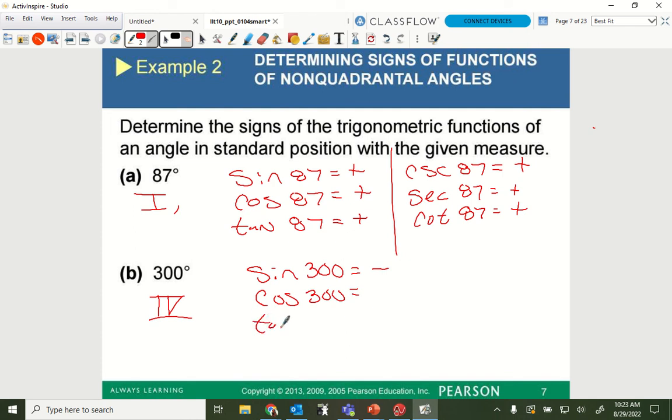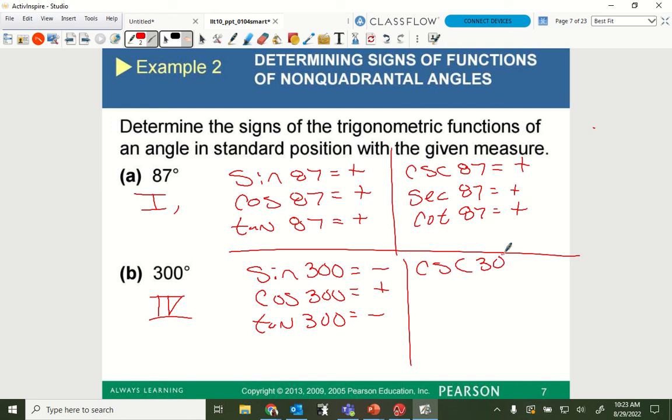Cosine, very good, positive. Tangent, negative. Cosecant. Secant? Very good. And cotangent.